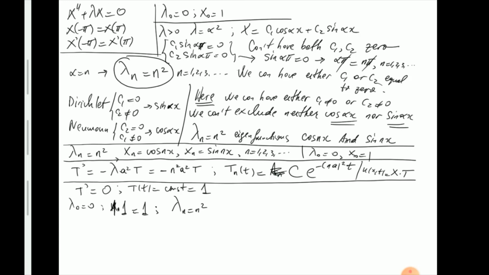Tn is the same, e to the minus n a squared t. So that constant c, we can denote it by an, times e to the minus n a squared t, times the eigenfunction cosine of nx. And the other version is bn e to the minus n a squared t times sine of nx.